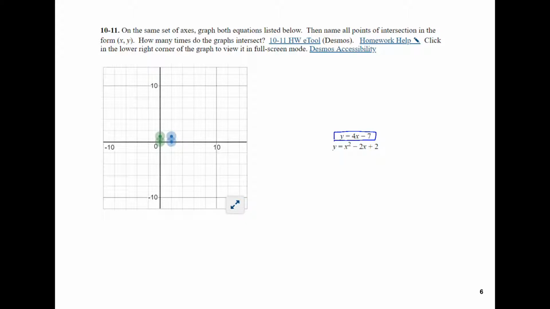So the first equation represents a line. So I'm going to start at -7. Be really careful that you look at your axes, because in my graph, my axes count by 2. This is my y-intercept. My slope is 4 over 1. So I'm going to rise 4 and run 1.